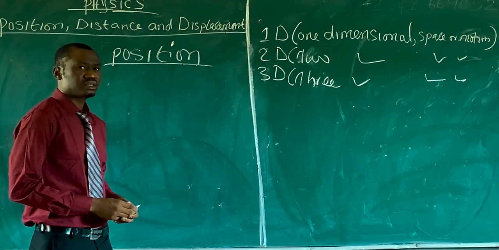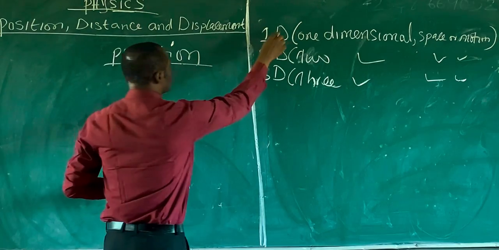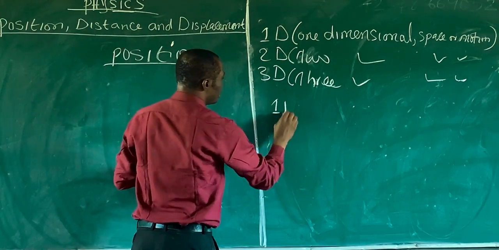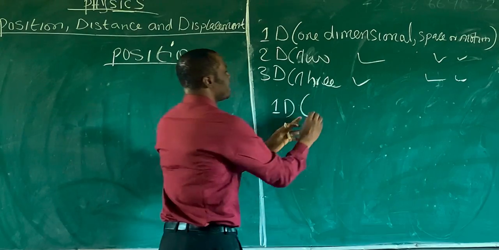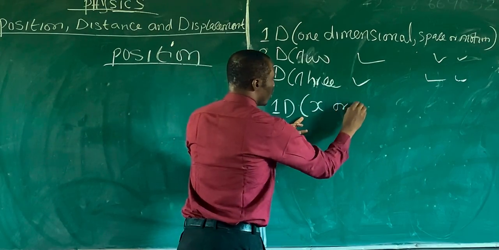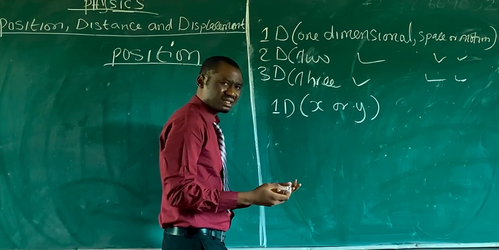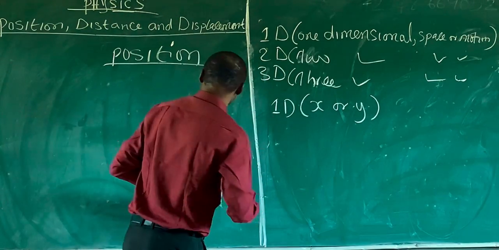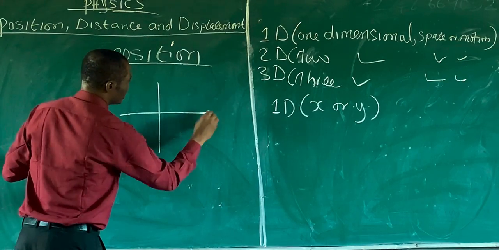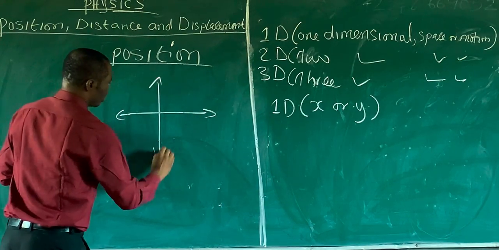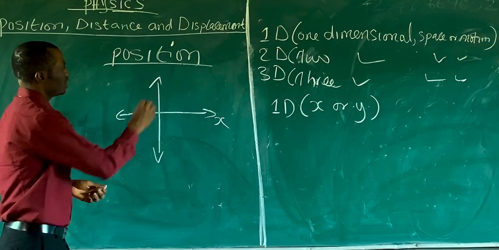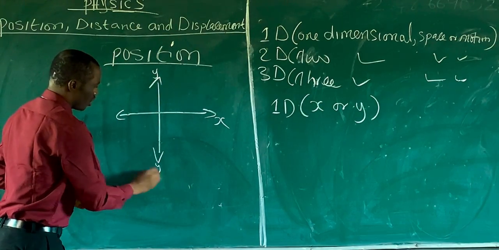Whenever we talk about the 1D, pay attention to what I'm saying. When we talk about the 1D, you are talking about either the x or the y axis. If you go to the coordinate system, something like this, you will have the x, the y.